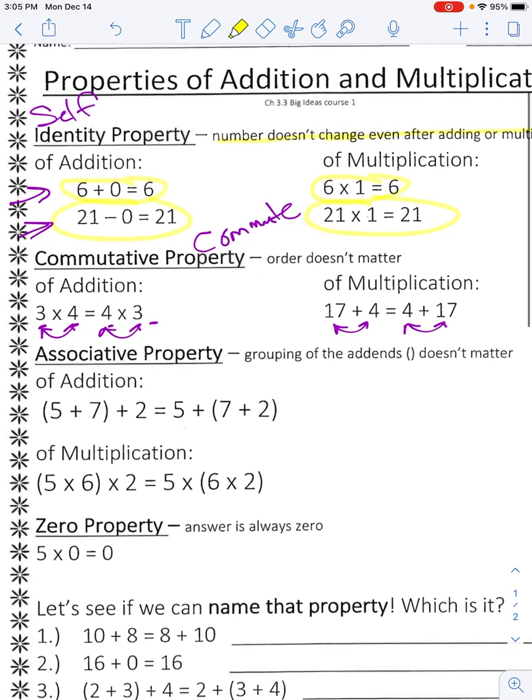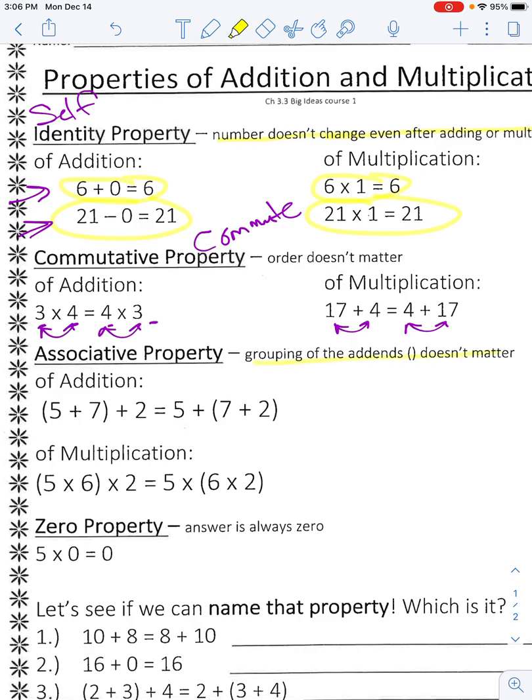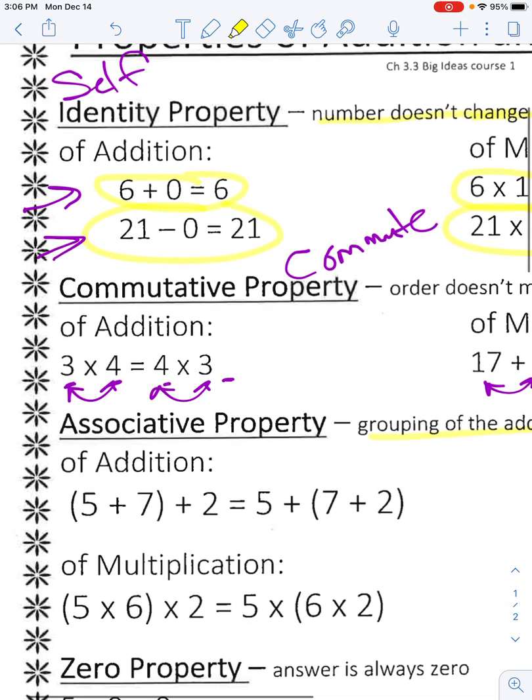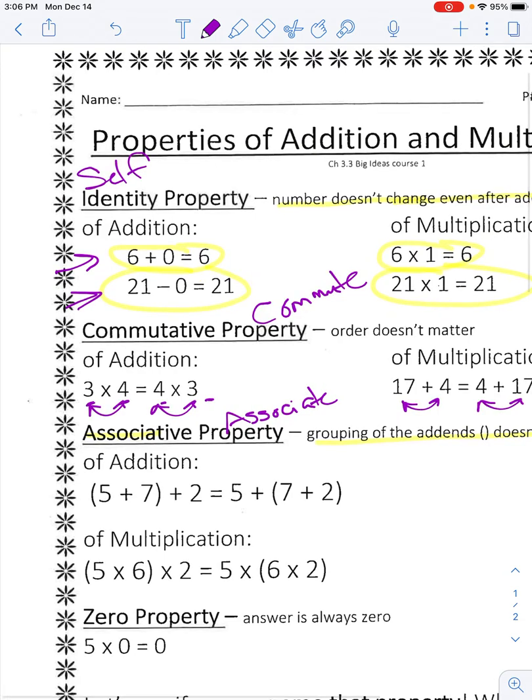The next one is the associative property. It's the grouping of addends. When I think of the word associative, think of the word associate. Who do you associate with? Think of the word associate, like who do you hang out with. Here's my example.